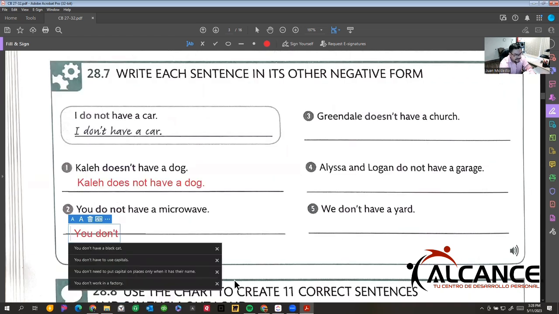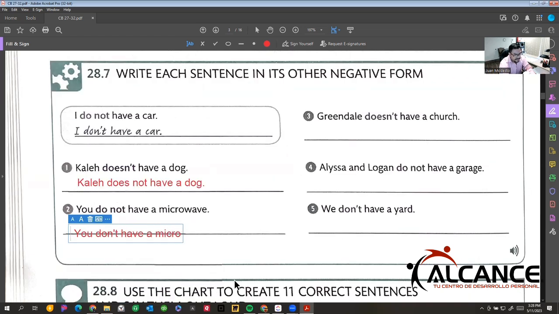So you don't have a microwave. So we write a different, the contrary kind of negative. So this one here again, this one is not contraction. This one is contraction, not contraction. I mean contraction, not contraction. So we write the opposite on that one, okay?